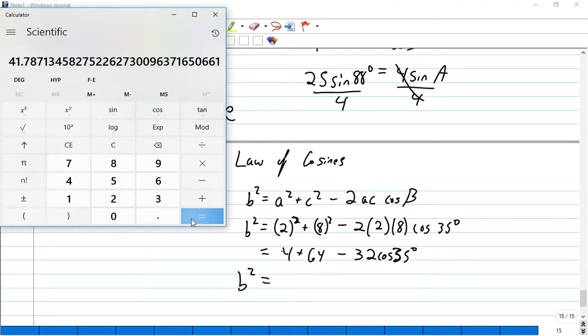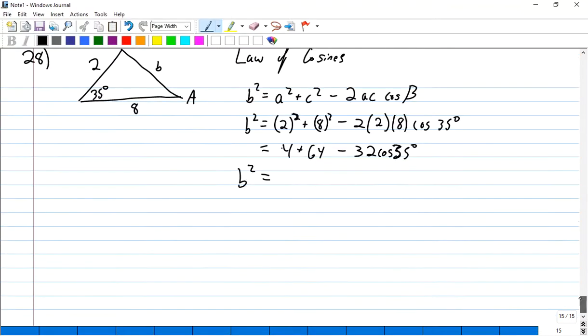Okay, so that's what b squared equals. So take the square root of that and round to two places. So b squared was 41.7871. So b is about 6.46.